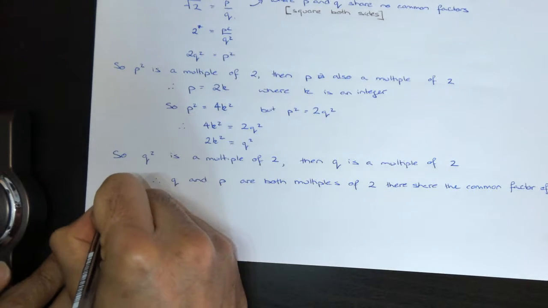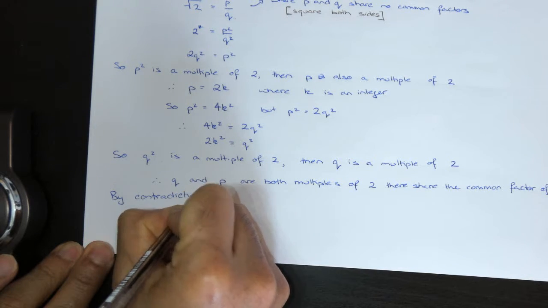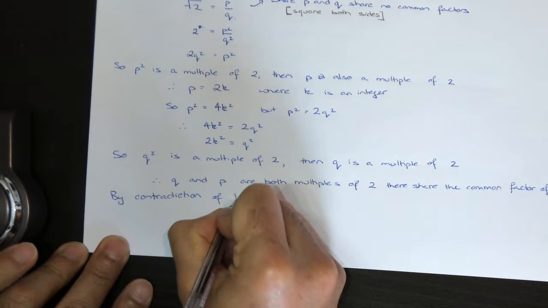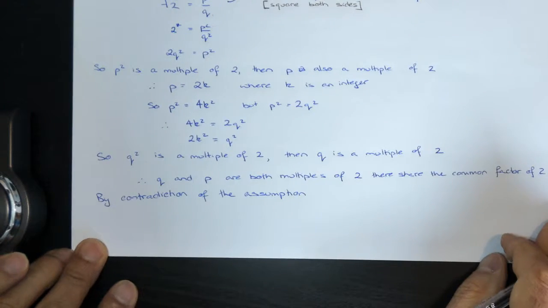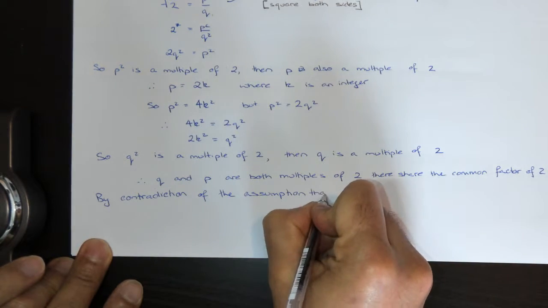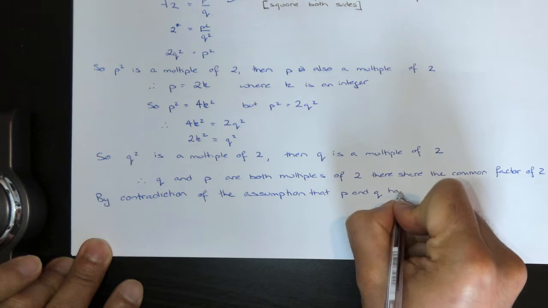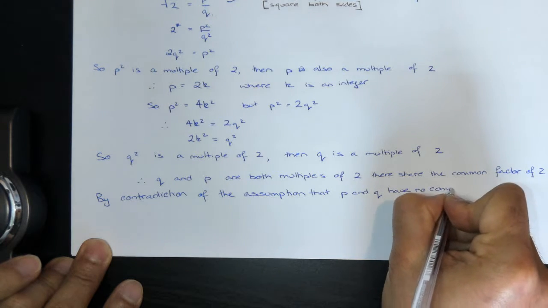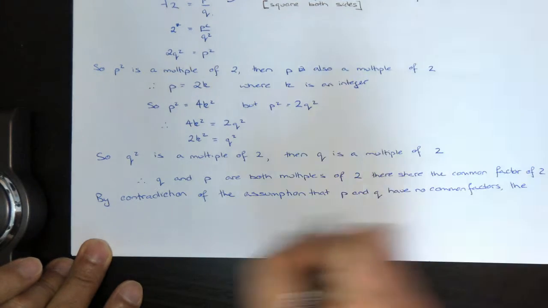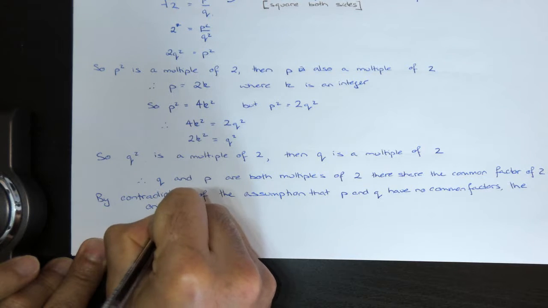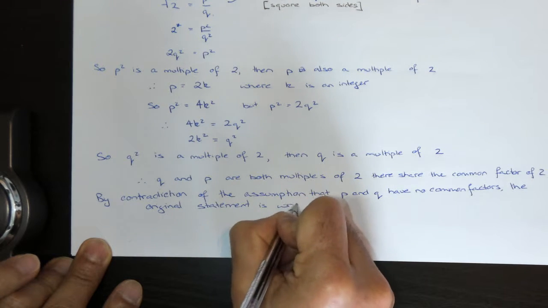So, by contradiction of the assumption that P and Q have no common factors, the original statement is wrong.